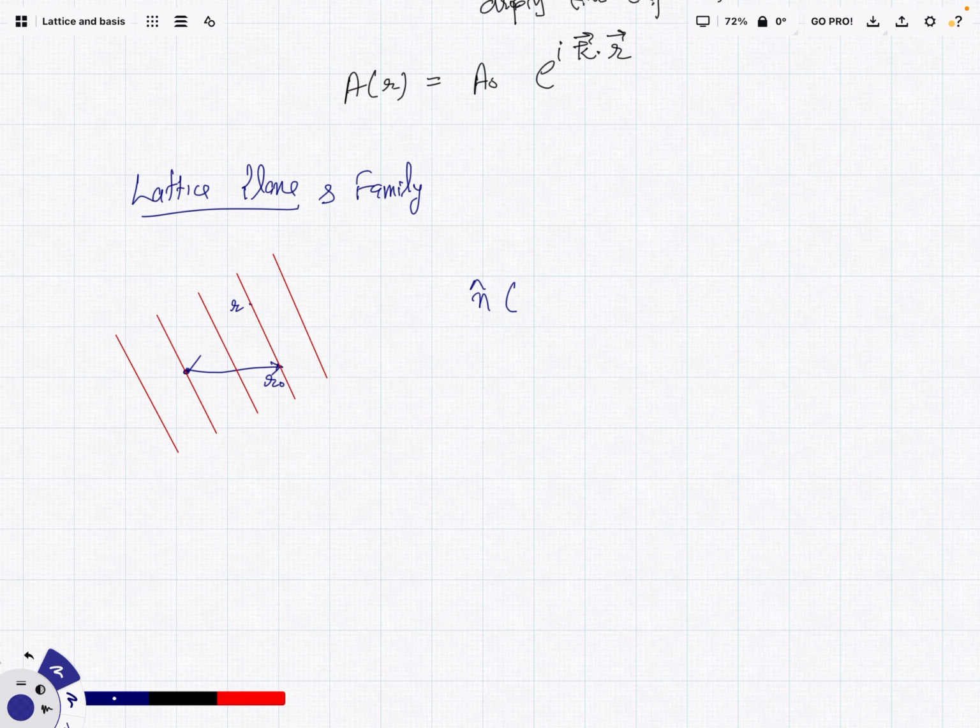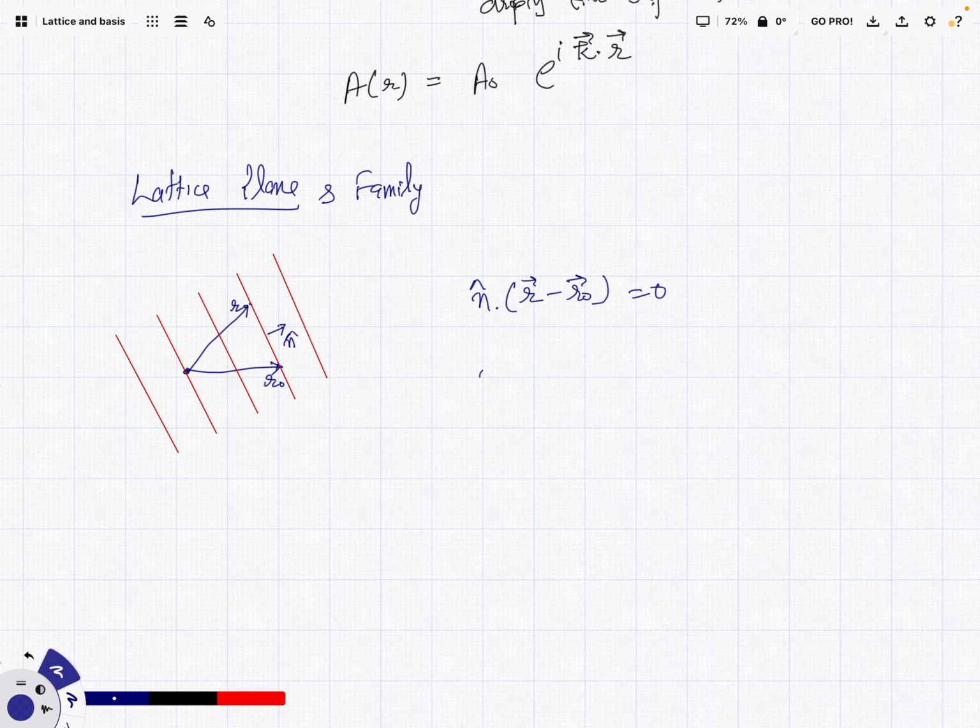I can have this vector, and n cap vector. The thing is, n cap dot (r minus r naught) is 0. The dot product, if I satisfy this condition, I am always okay. So what I can do is just open this up.